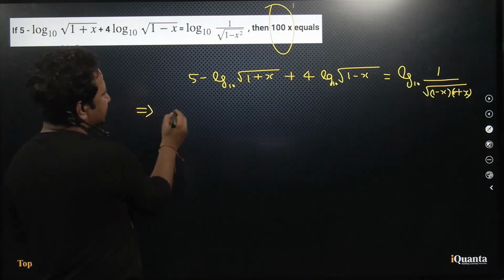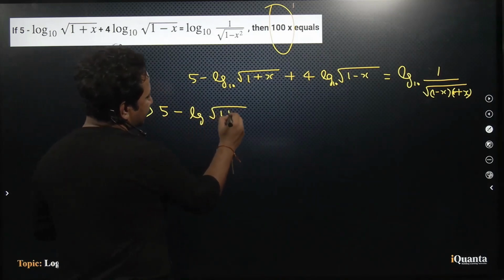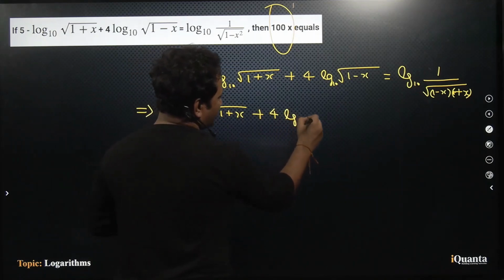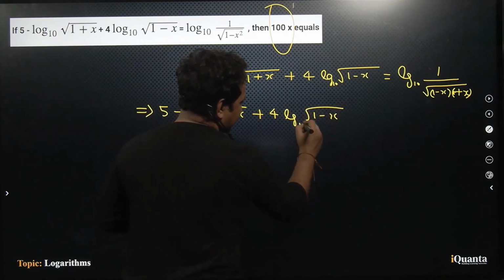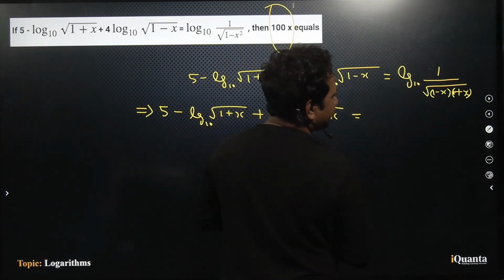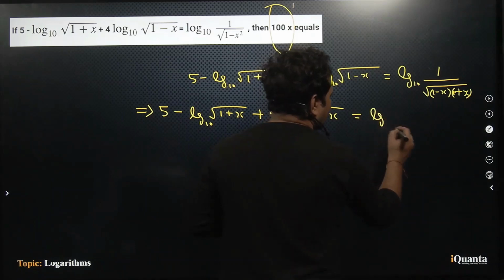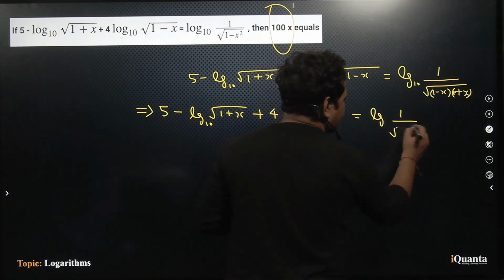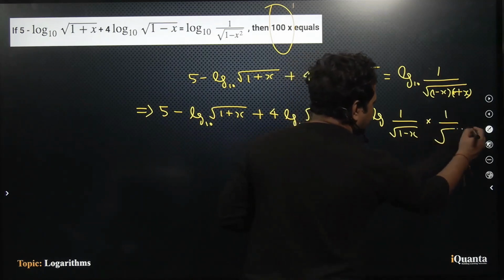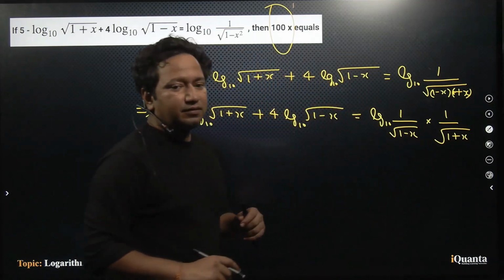I can rewrite it as 5 − log of root(1 + x) at base 10 + 4 log of root(1 − x) at base 10 is equal to, how can I write this? Look at this: log of 1 upon root(1 − x) multiplied by 1 upon root(1 + x) at base 10.